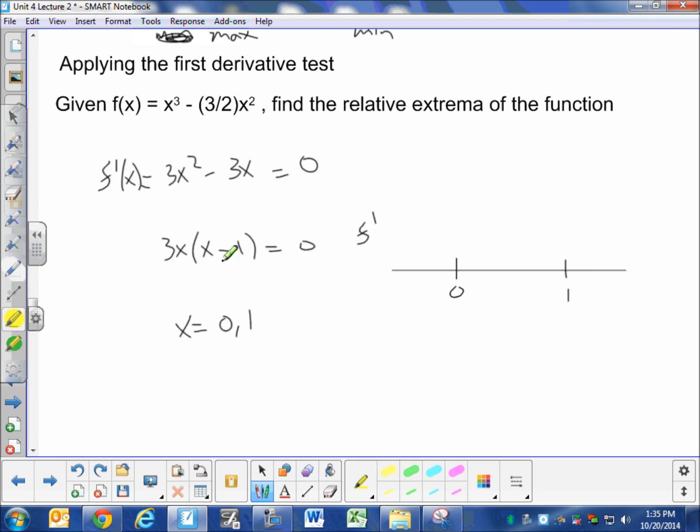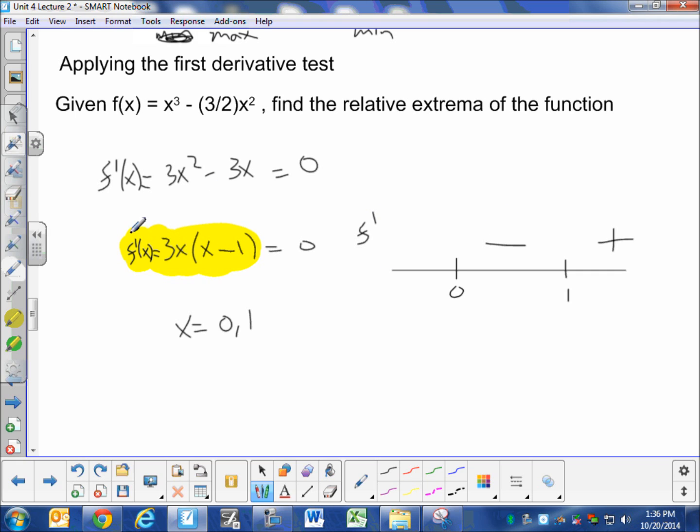Plug into our simplified f prime, but you can use your original, it just might be more difficult. I plug in a positive value like 5, I get a positive times a positive, that makes this a positive. I plug in a value like 0.5, this would be a positive, this would be a negative, so positive times a negative is a negative.